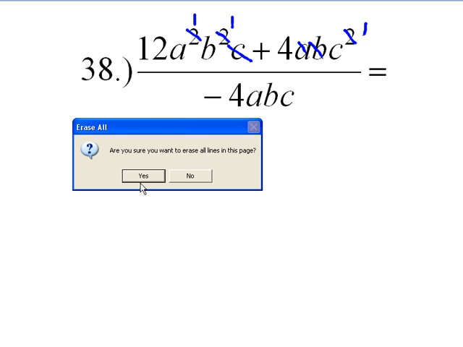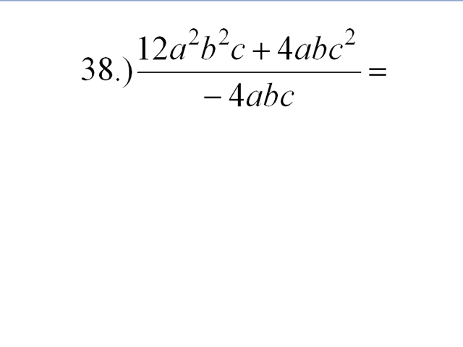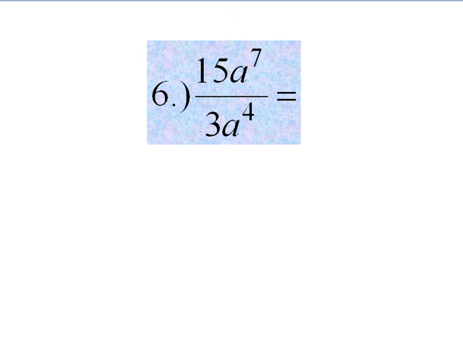Alright, how about you try a couple? I think I've got a couple here for you. We'll start off easy. Stop or pause the video, try the problem, and check your answers in the course information.